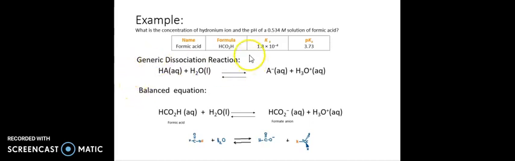So here's the example that I'm giving you. What is the concentration of the hydronium ion? Or we could say, what's the proton concentration? Remember, square brackets denote concentration. And what is the pH of a 0.534 molar solution of formic acid?